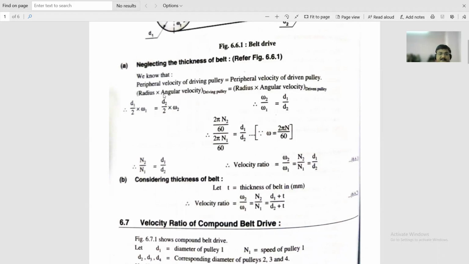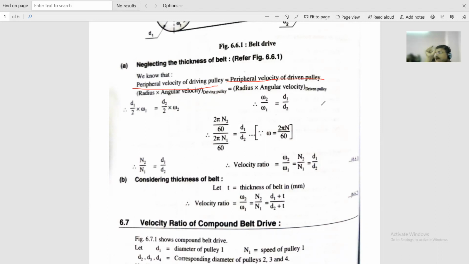Now the peripheral velocity of a driving pulley is equal to peripheral velocity of driven pulley. Periphery means circle's outer circumference. So at this circumference, whatever velocity of driving pulley is there, it is equal to velocity of the driven pulley.